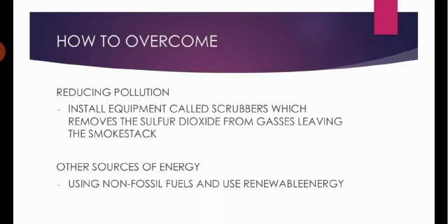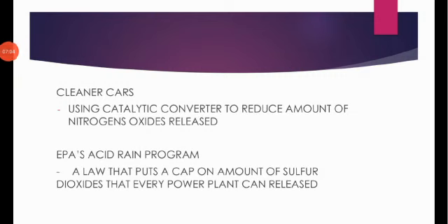And the second alternative is by using other sources of energy, which is using non-fossil fuels and renewable energy. Besides that, cleaner cars are also one of the ways to overcome this problem by using a catalytic converter to reduce the amount of nitrogen oxides released.